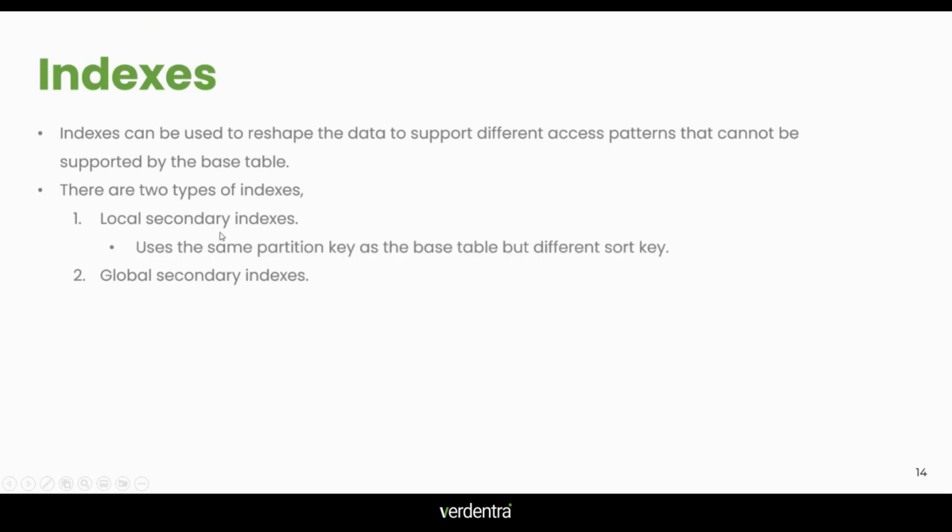In local secondary indexes, you use the same partition key as the base table, but a different sort key. But in global secondary indexes, you use a different partition key and sort key, so it's entirely different from your base table. Most of the time the global secondary indexes are preferred because there are some limitations when using local secondary indexes.